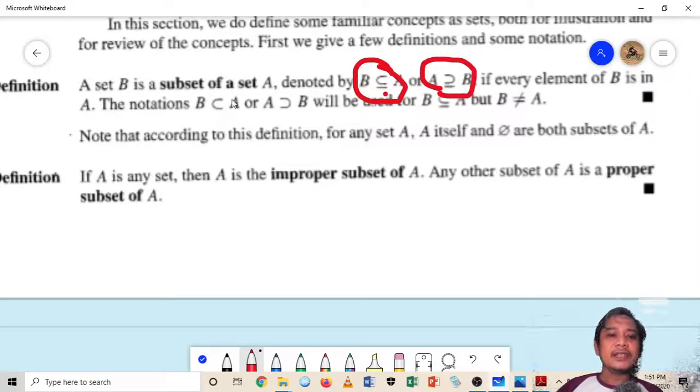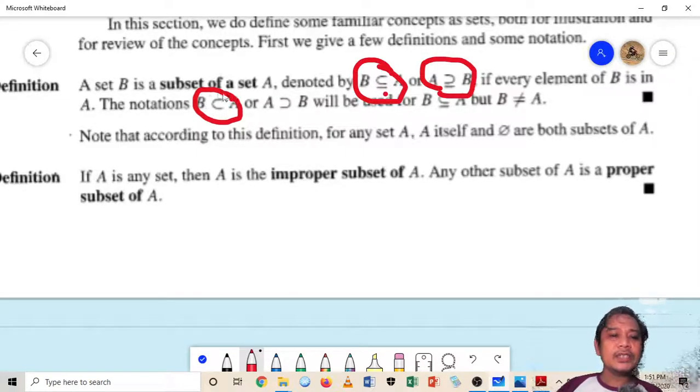Okay? Next, this symbol here is our symbol for B being a subset of A, but B is not equal to A. If we are not sure whether there are elements in A which cannot be found in B, we make use of the other symbol.